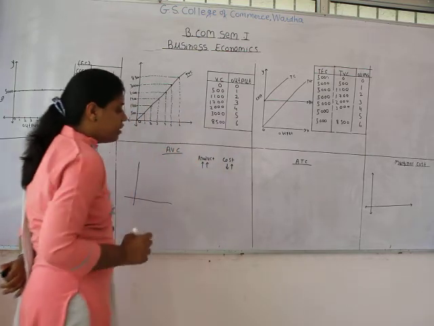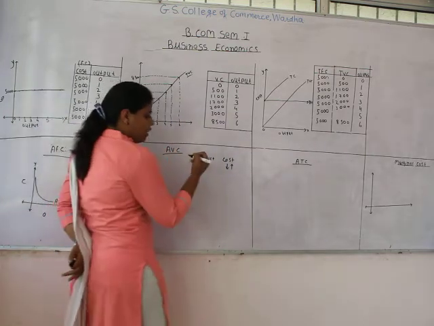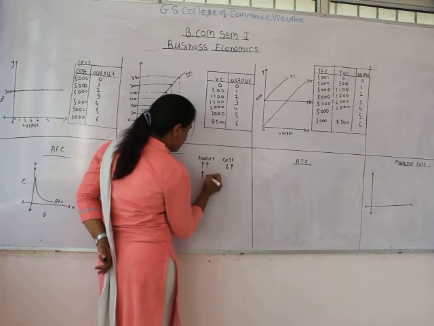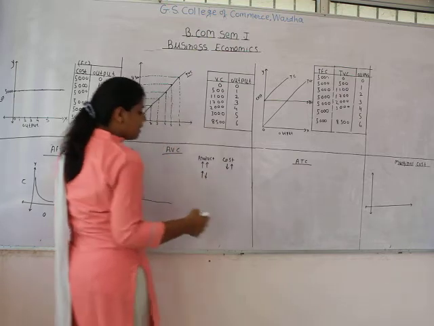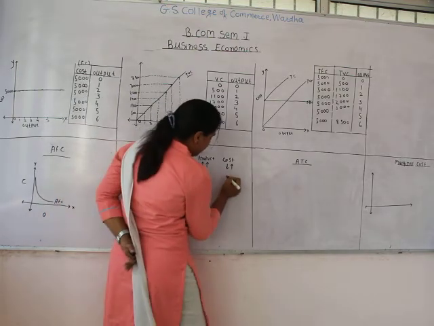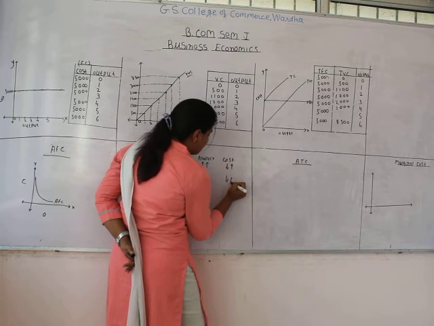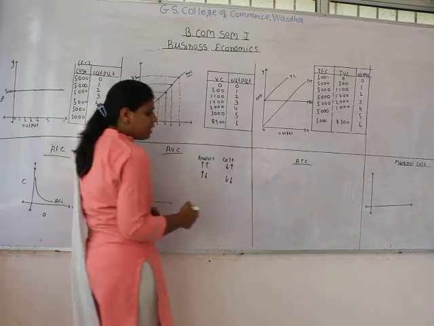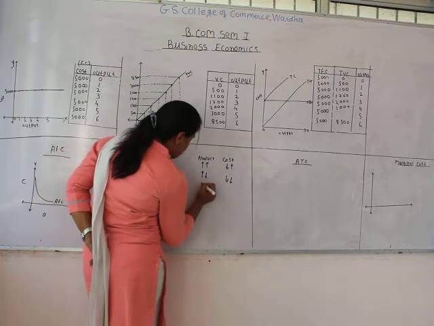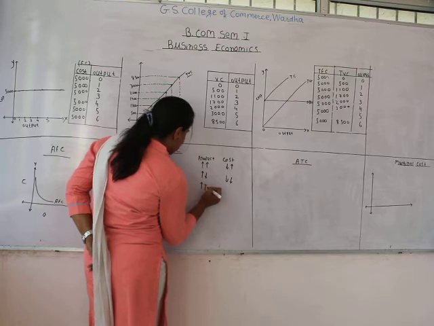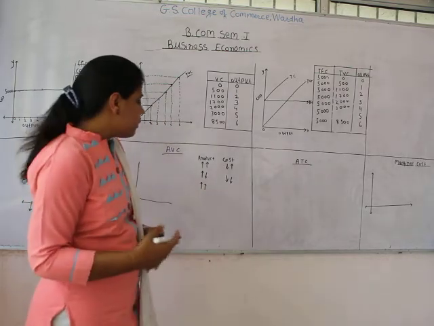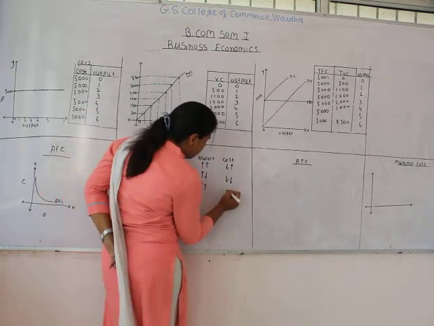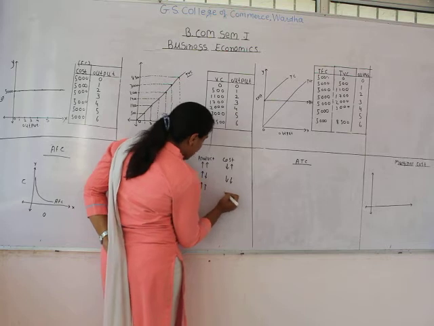Then we have seen that even though we increase the input further, the production still increases, but at a decreasing rate. So here the cost also declines at a decreasing rate. And when we see a stage whereby the production remains constant, the cost will also be constant.